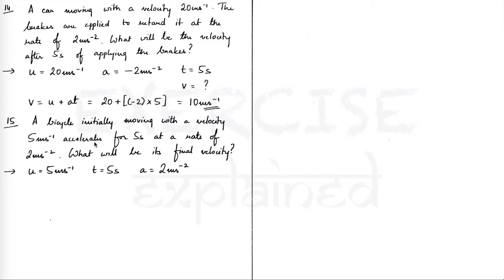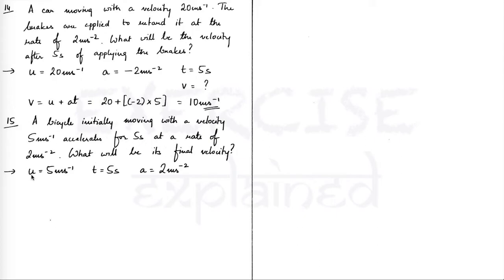So accelerates for 5 seconds means it is increasing its speed for 5 seconds. So time is given as 5 seconds at a rate of 2 meter per second square. So this is the value of acceleration. What will be its final velocity? So we need to find the value of v.